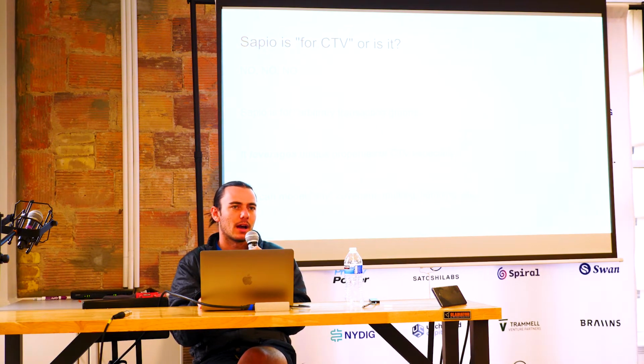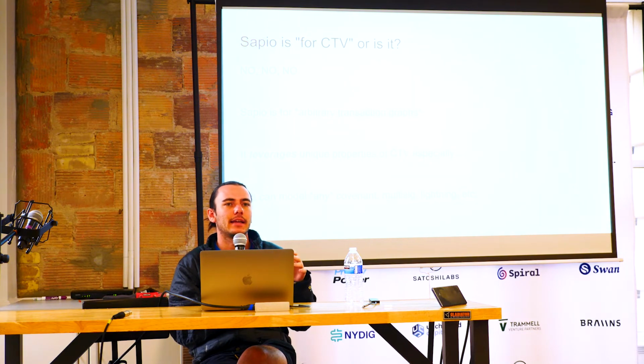So a common misconception is that Sapio is uniquely for CTV. And this is kind of a little bit of a misunderstanding, because Sapio is really trying to target any arbitrary transaction graph. And if you can target an arbitrary transaction graph, you can kind of target any type of covenant.